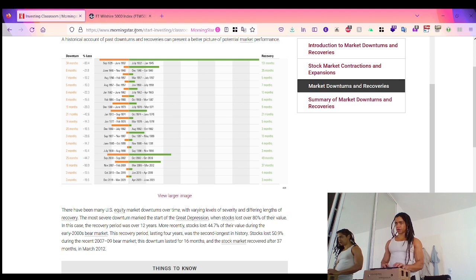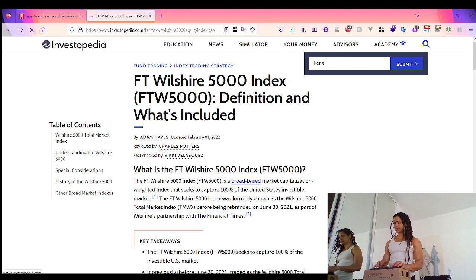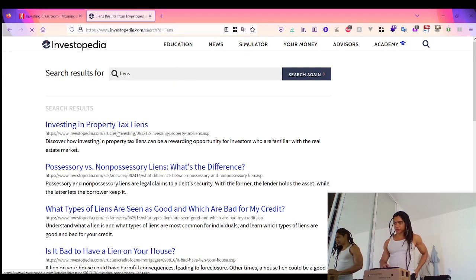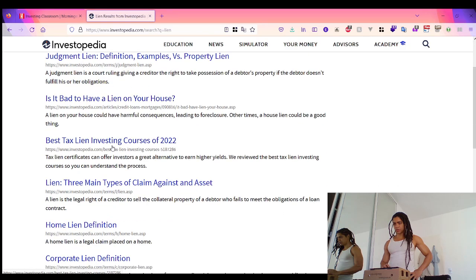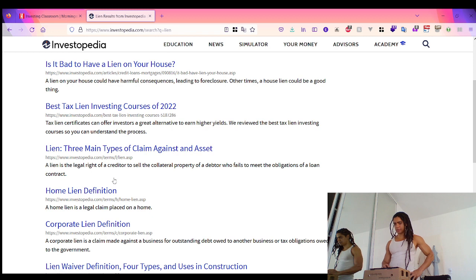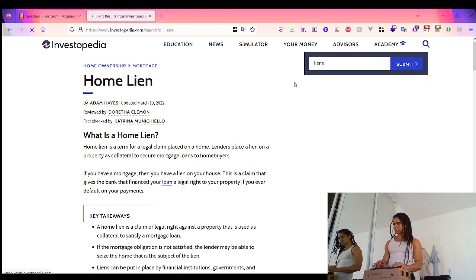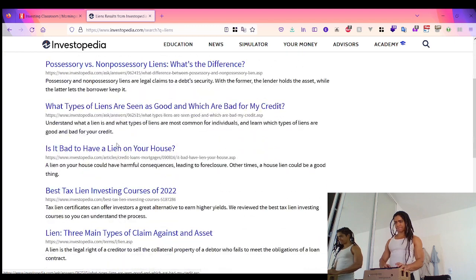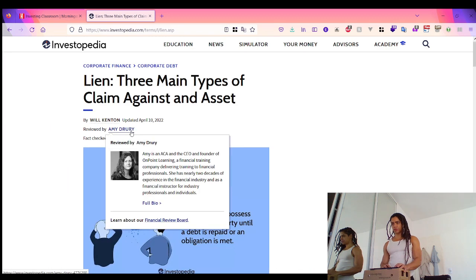And when you mean about liens, that's the reason why I'm looking here: lien, investment property lien. Home definition, lien. Okay, here we are.